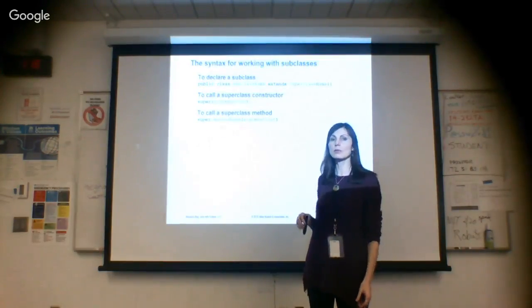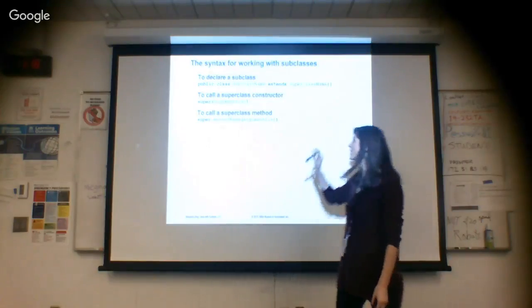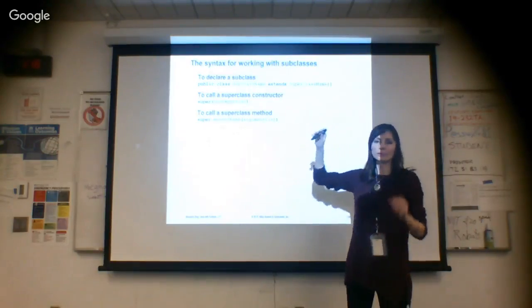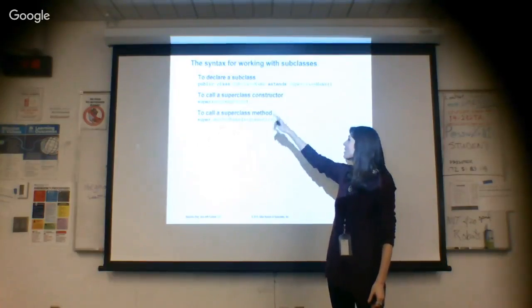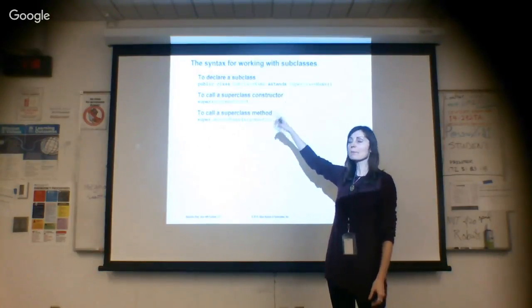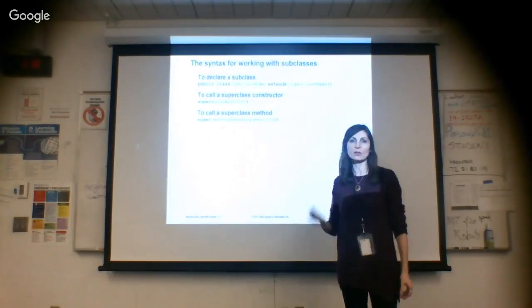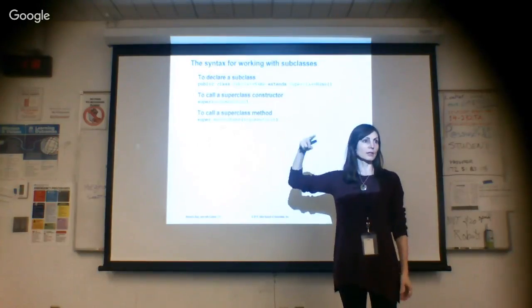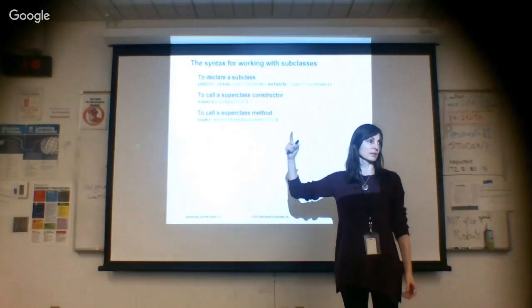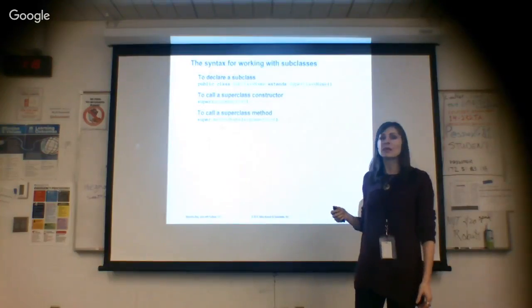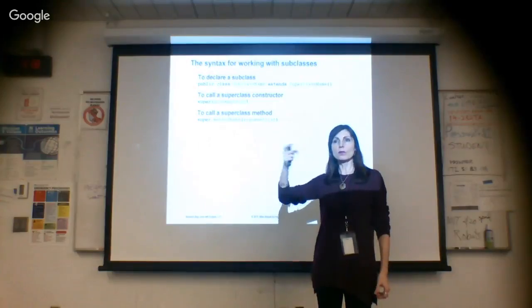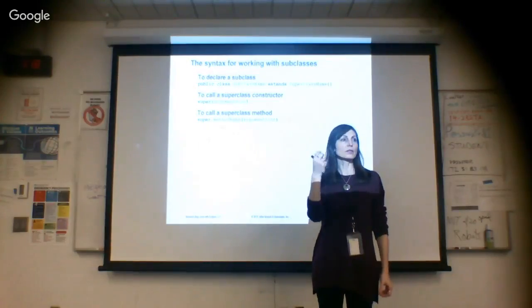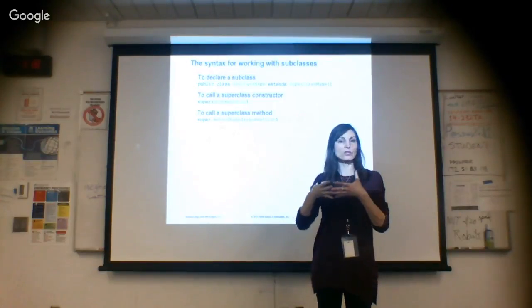Okay, so how do you work with subclasses? The keyword, if you want to inherit from a superclass, is extends. So you're going to say the class name extends the superclass. So the book class is going to extend the product class. In the inheriting classes you create, you want to call the constructor of the superclass so you can instantiate it as well.